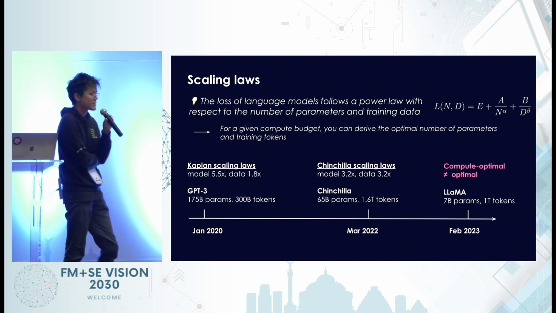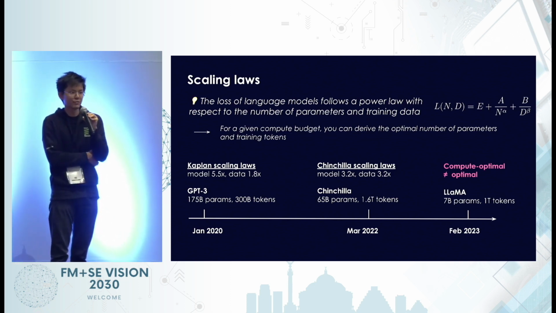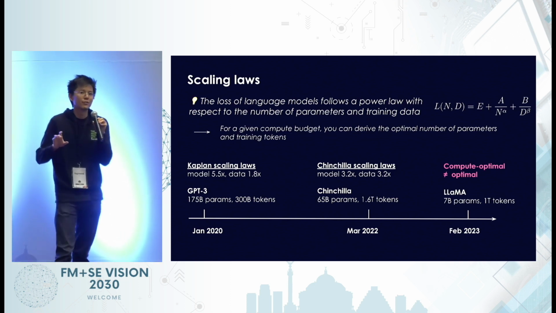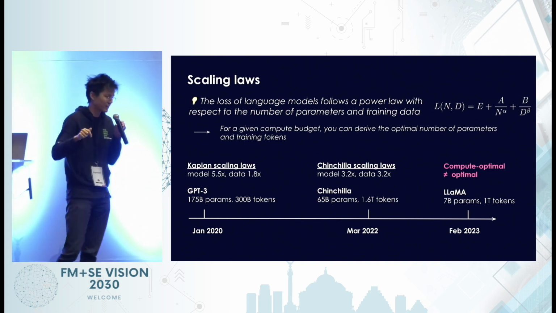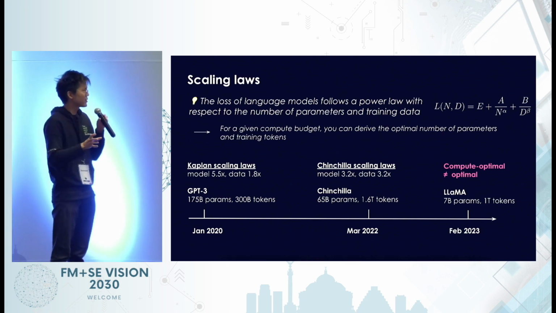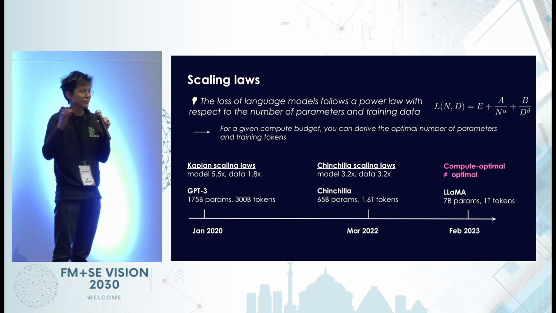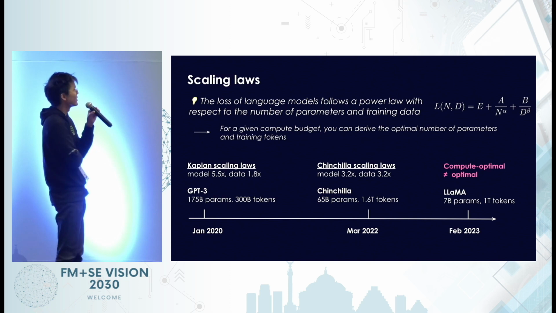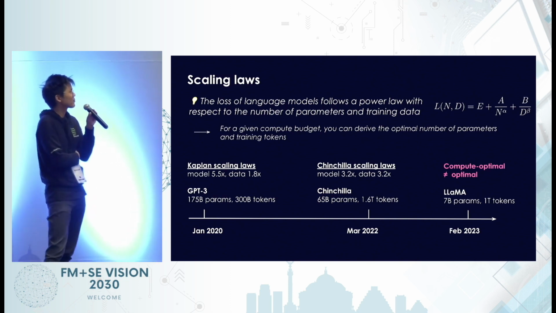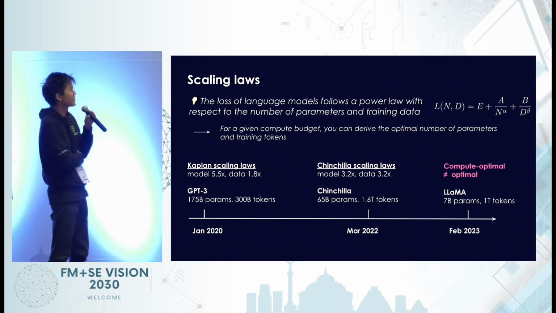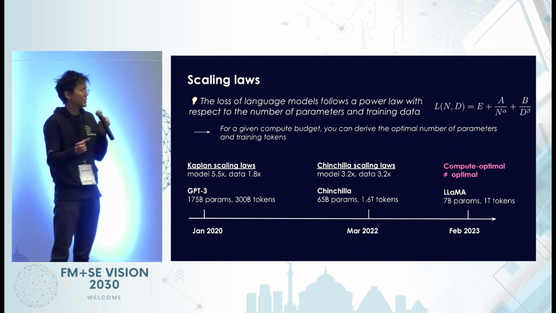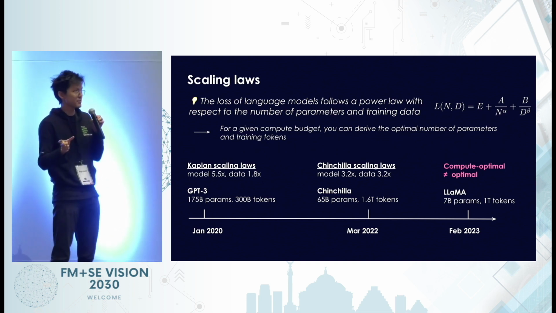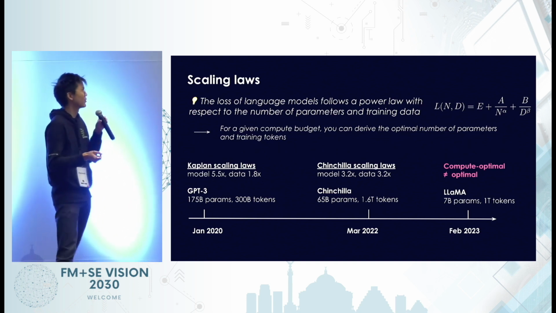And what this does is that if you have a given compute budget, which would be roughly proportional to the product of your model size and training dataset size, so let's say you know that you will have a certain number of GPUs for, let's say, 3 weeks to train your model, then these scaling laws tell you what's the optimal combination of model size and training dataset size that you should use to get the best performance in the end.